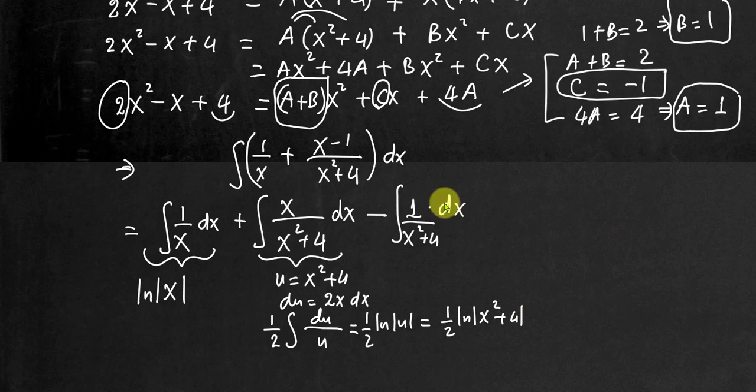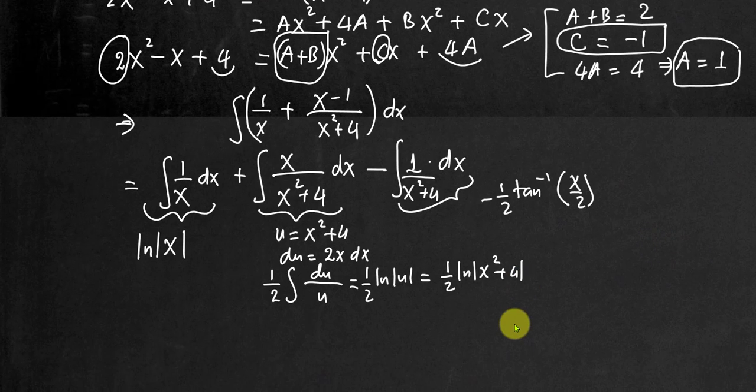And finally, I know that this term right here is the inverse tangent. So this whole integral right here gives me the inverse tangent, minus 1/2 inverse tangent of x over 2. And then at the end, we add c. But I can rewrite everything here. The first integral, I have ln of x.